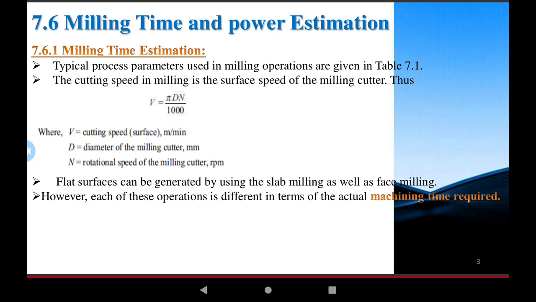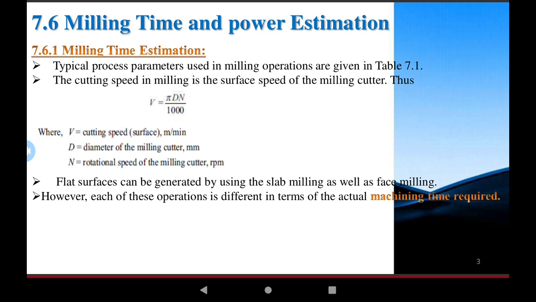V is the cutting speed of the tool in meters per minute, and N is the rotational speed of the milling cutter in rpm.